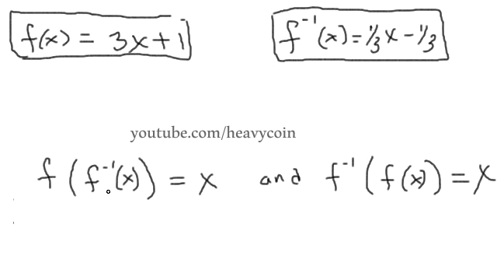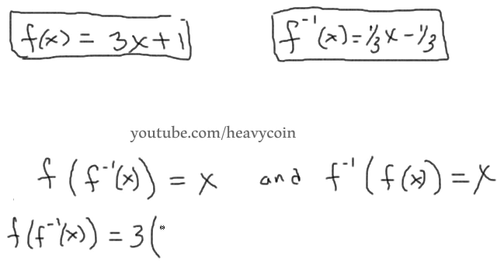I'm going to take f inverse of x, that would be this whole thing right here, and plug it right in for this x. So we're going to end up having f of f inverse of x is equal to 3 times, now I'm going to take this whole piece and substitute it in for this x.